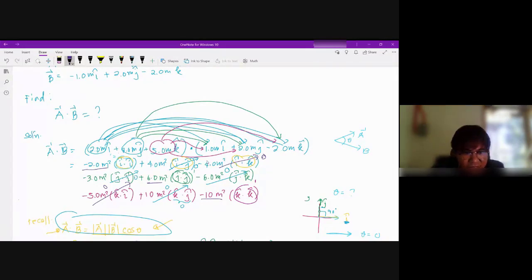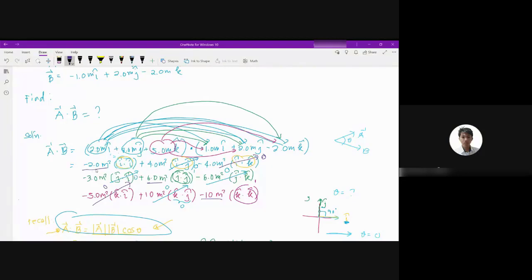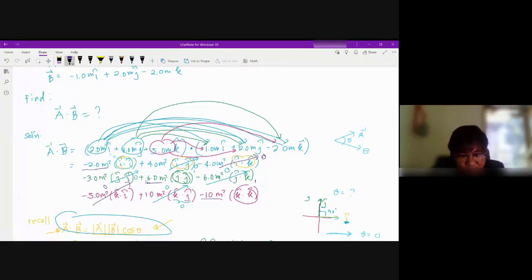Ilang na class? Negative 6, sir. Negative 2 plus 6, sir, and then negative 10. So you have negative 6. Very good. So you have, sulat na ako dari.